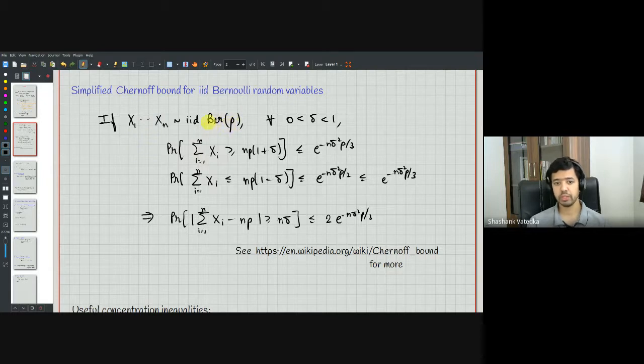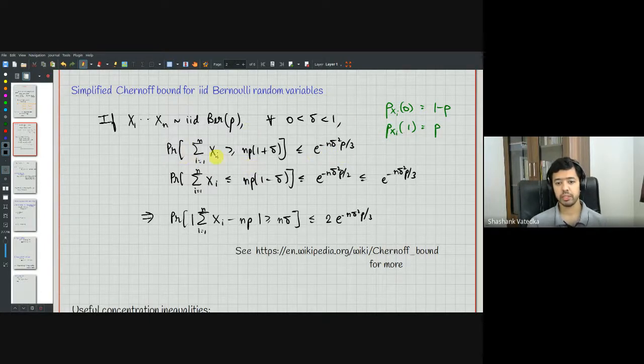By Bernoulli P, I mean that the probability that xi is equal to 0 is 1 minus p, and the probability that xi is equal to 1 is equal to p. So if you have IID Bernoulli random variables, you have the following nice upper bounds.